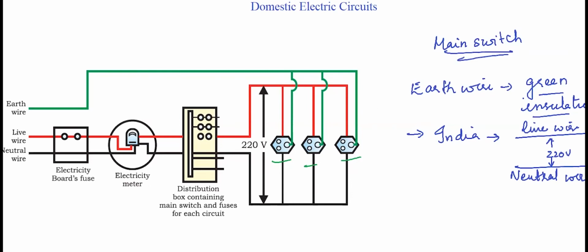All these appliances will be connected parallelly across 220 volt. So this is a bulb, and if we have a fan or something, it is likewise connected across the 220 volt.